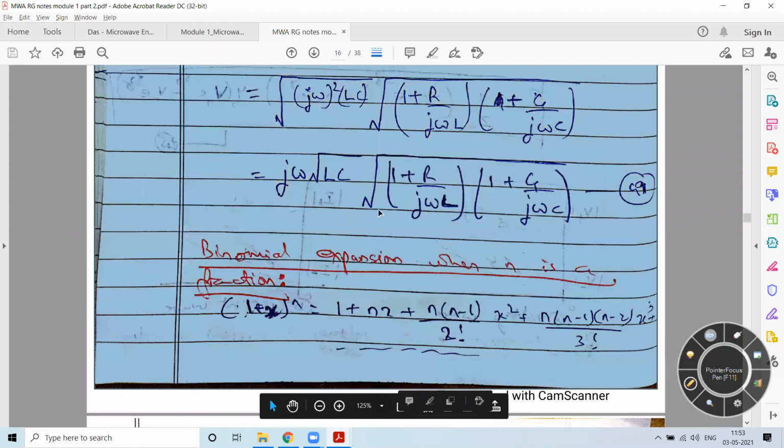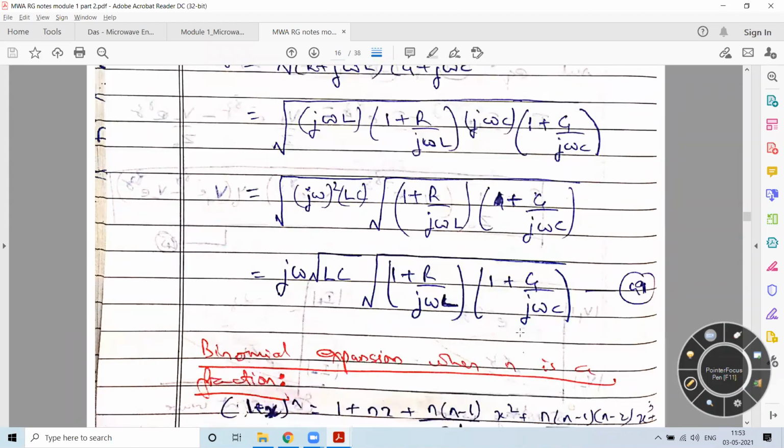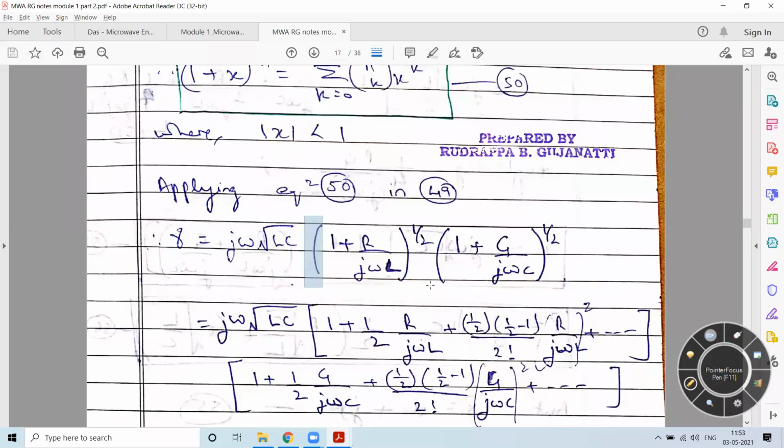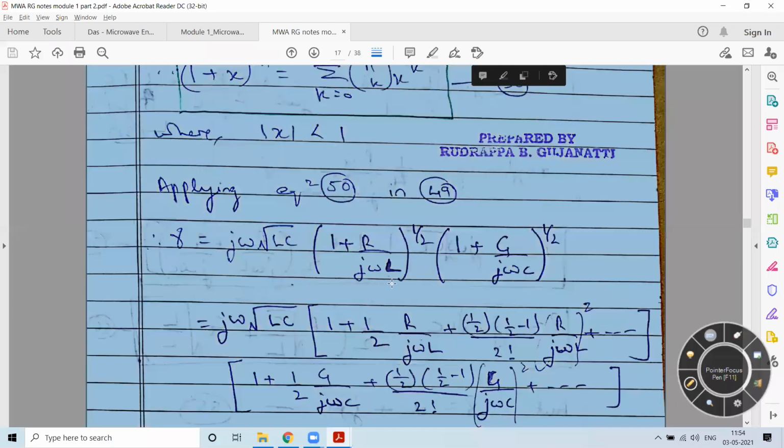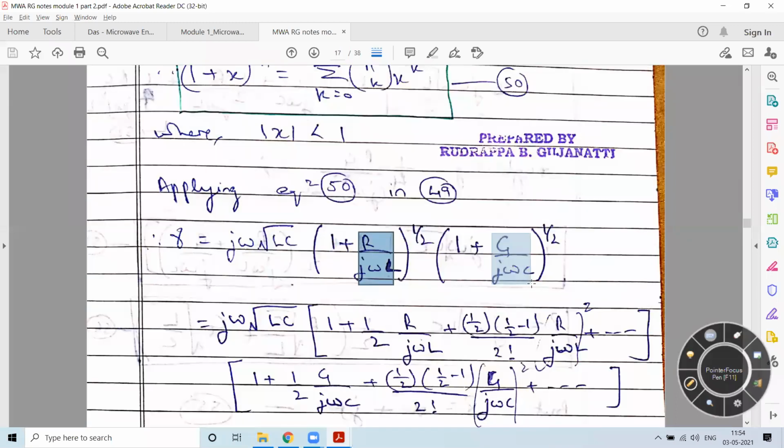So when we apply the binomial expansion, what we'll be having is (1 plus R divided by jωL) raised to half and (1 plus G divided by jωC) raised to half. So here the x value is R by jωL, and in this case the x value is G by jωC, and the n value is half in both cases.